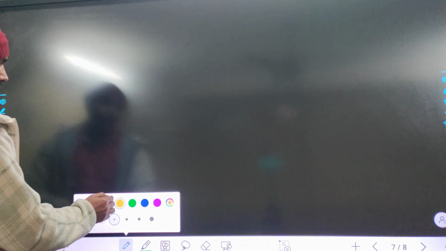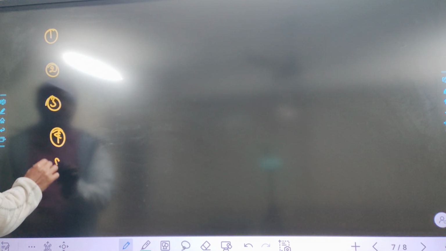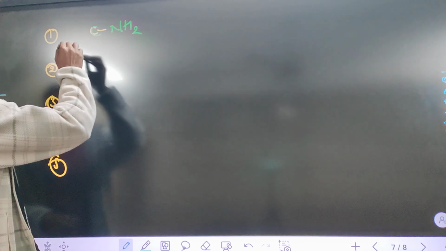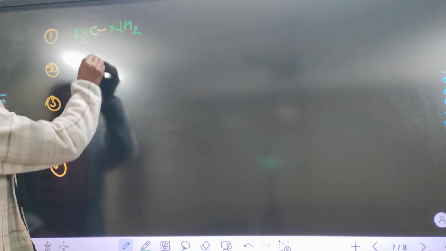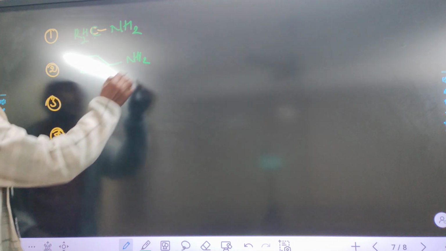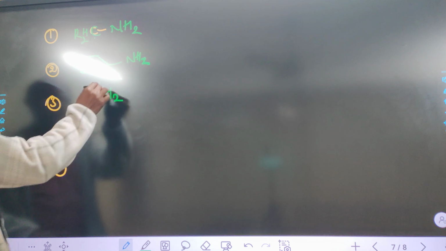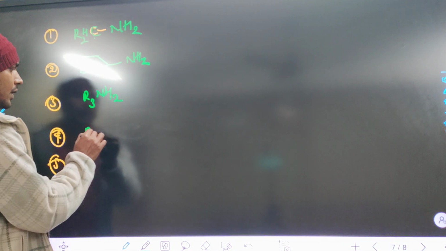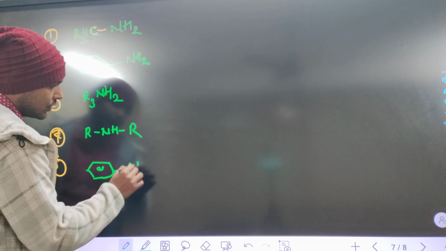The first type of question. I am writing like this, making bullet points: 1, 2, 3, 4, 5. Here R2CH NH2, here R3C NH2, here R NH R. Now this NH2 is aniline.